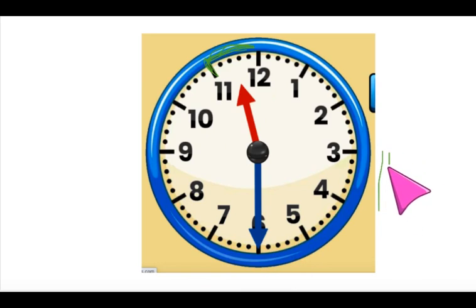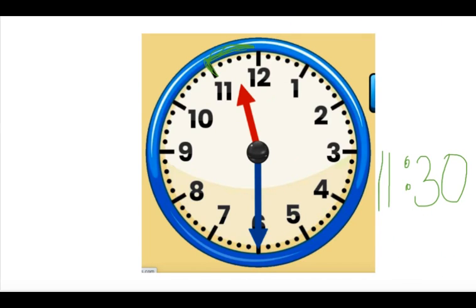Did you say that the clock is reading 11:30? Because if you did, awesome job. You got it right. The hour hand is pointing up here to the 11 o'clock hour, and the minute hand is down here pointing at the 6, which means 30 minutes have gone by. So the clock is reading 11:30.